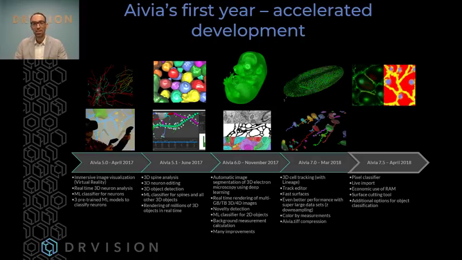And now we're going back to our roots with Aivia 7.5 to use a very efficient way to enhance images using a pixel classifier. And that's most of the presentation today. This pixel classifier is a fast way to teach a classifier.